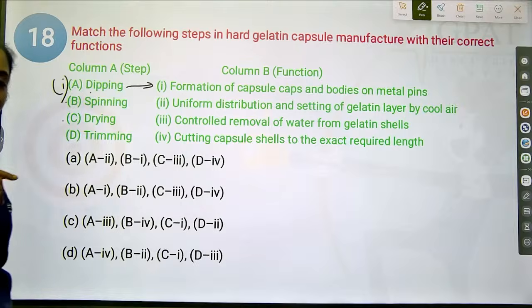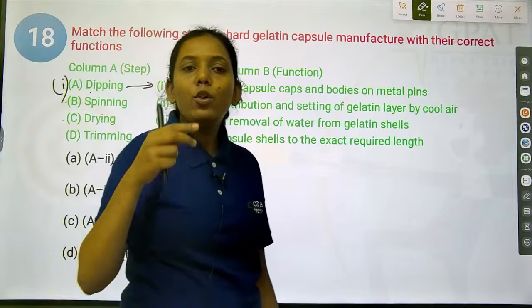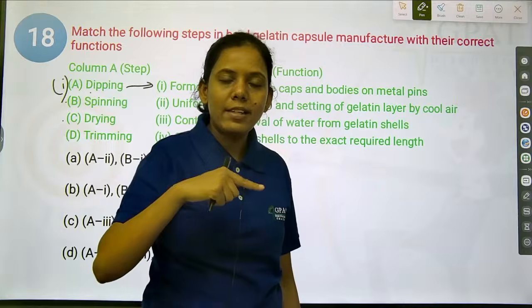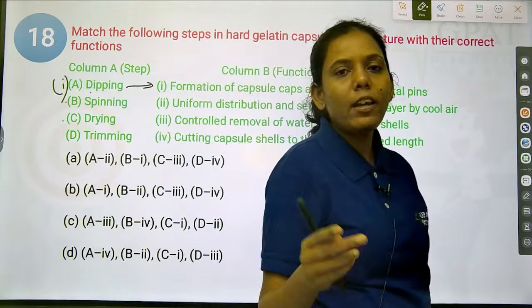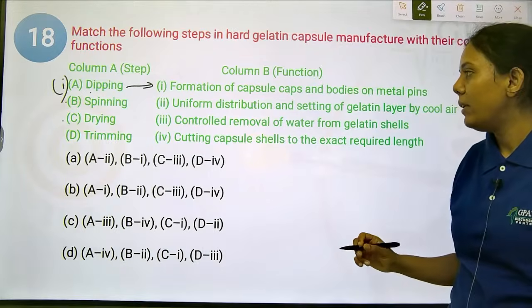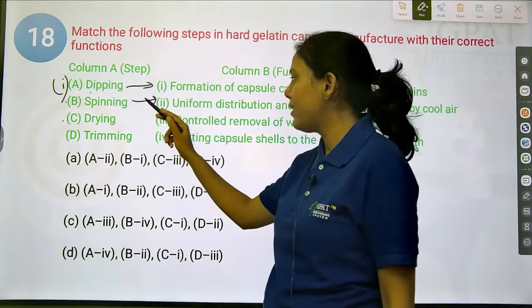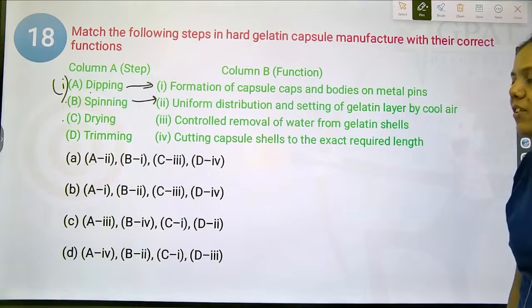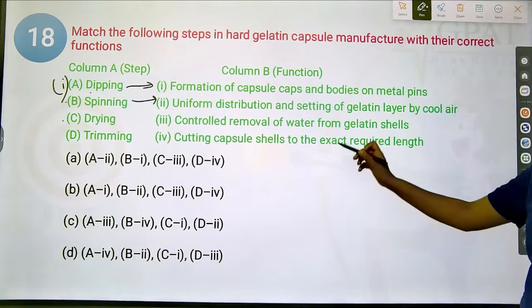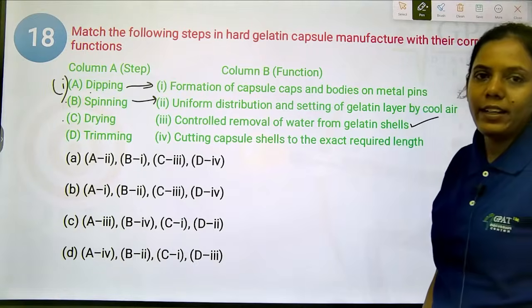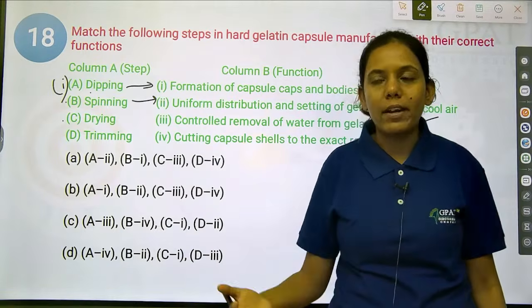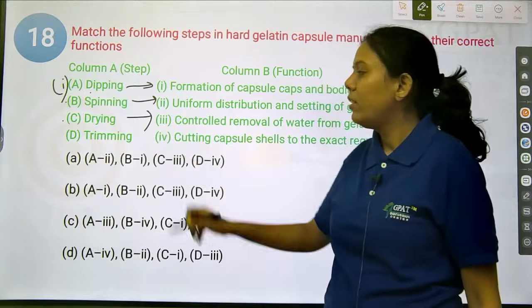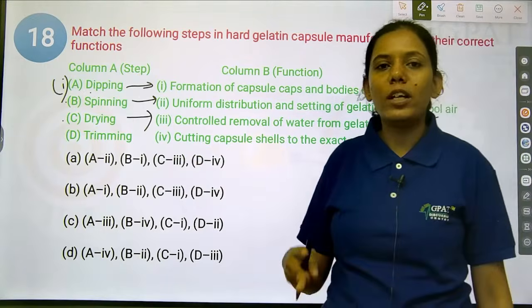Next is spinning. Why do we do spinning? To have a uniform distribution along the pins of whatever solution is there, so that a proper coating will be there. So spinning, second. Third is drying. Drying is the controlled removal of water from the gelatin shell. Because it is a liquid, you have to dry it so that it will become a solid. So 3 is there. Trimming. Trimming means cutting.